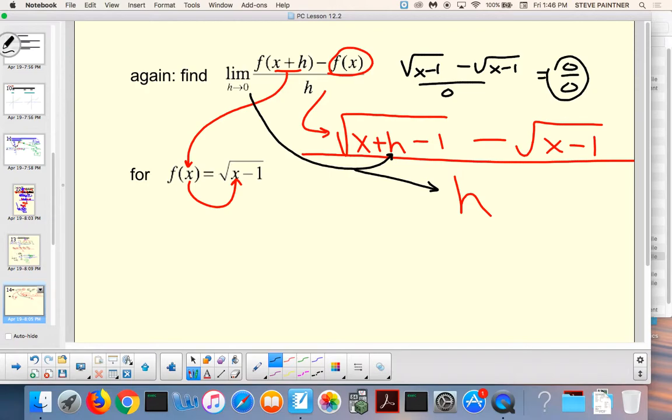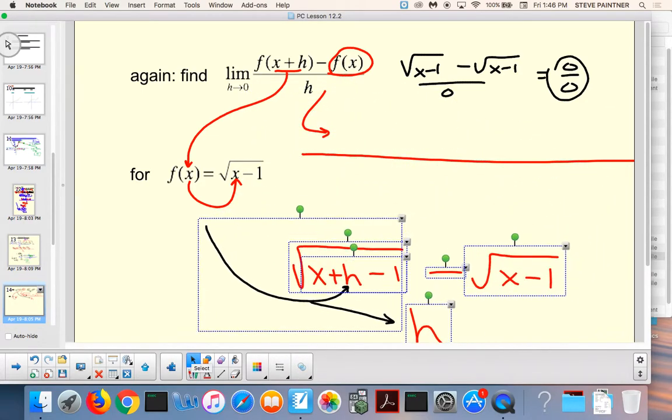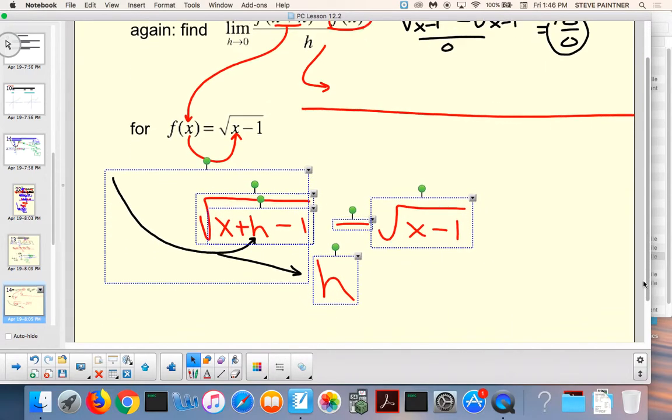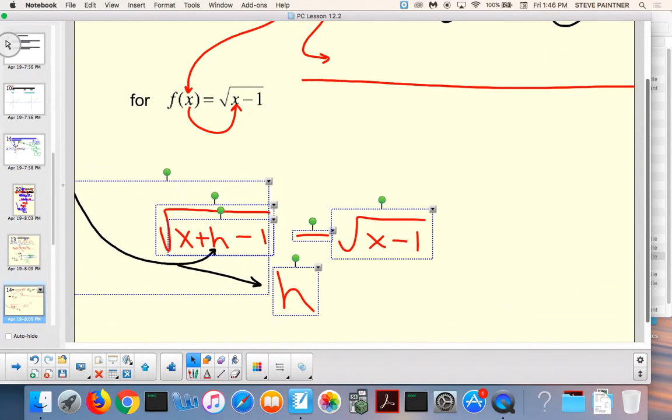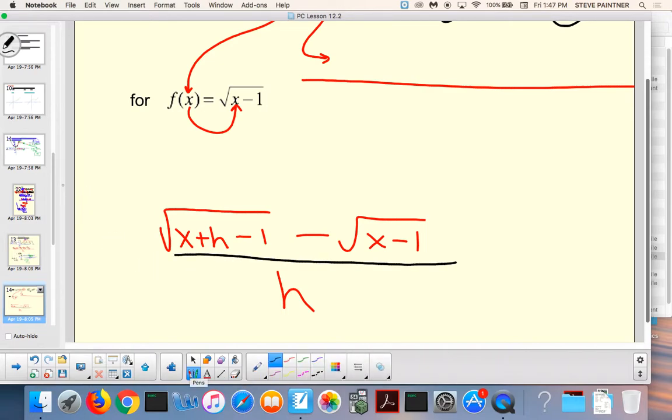Let's do it again. Let me see if I can go down further because this gets kind of long. If you multiply by the conjugate, you better know what the conjugate is. What's the conjugate of the top?